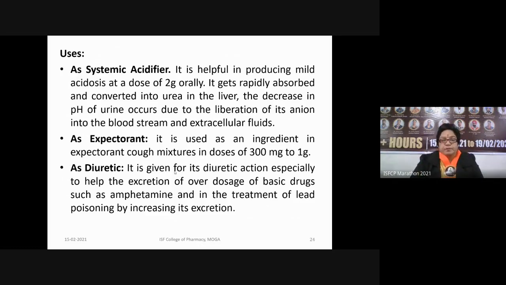It is also used as expectorant. You see, expectorant means, अगर आप इसको तोड़ते हो इस word को, expectorant means expel out.